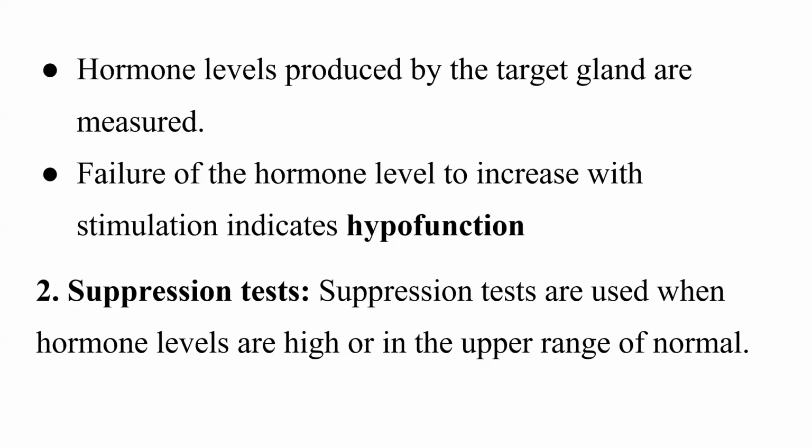The other kind of test is the suppression test, and this is just the opposite of stimulation. It has to do with when there's an overproduction of the glands. The first one is stimulation, which is underproduction, while for suppression, there is a suspicion or there are clinical manifestations or signs that a particular client is secreting excessive hormone by the endocrine glands.